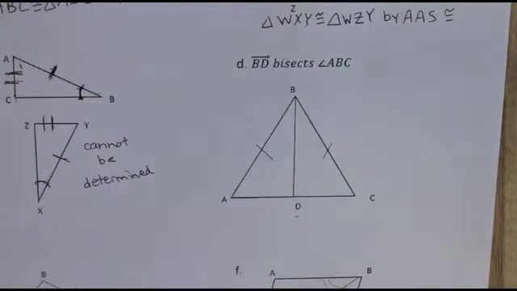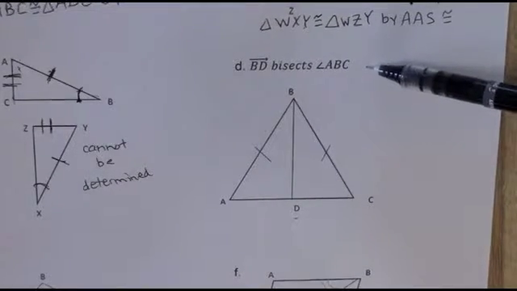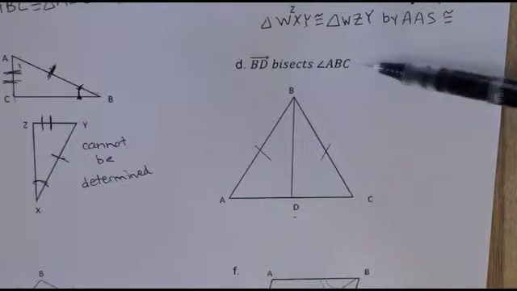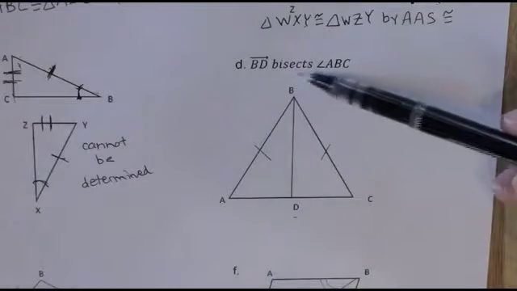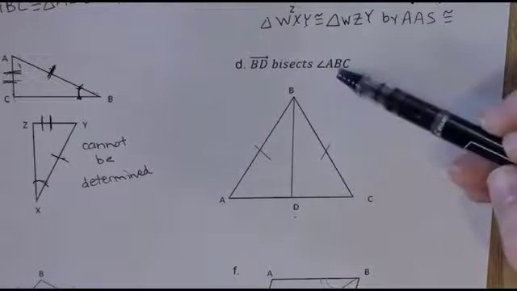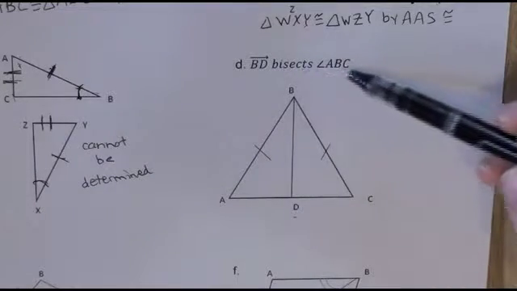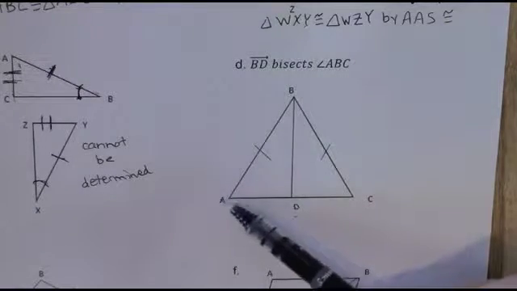Here, ray BD bisects angle ABC. So the fact that this information is given means we should probably use it somewhere. So what does it mean to bisect? Bi means to cut into two, sect are two pieces, and those two pieces are going to be congruent. So here we are cutting angle ABC into two equal pieces.